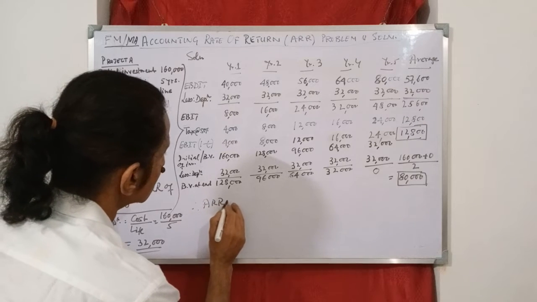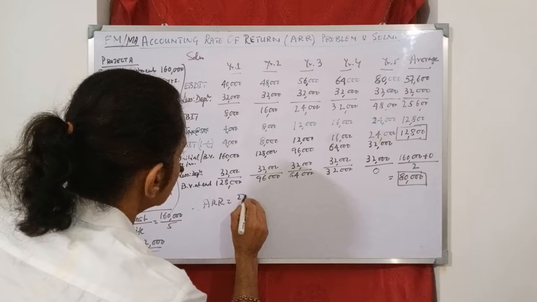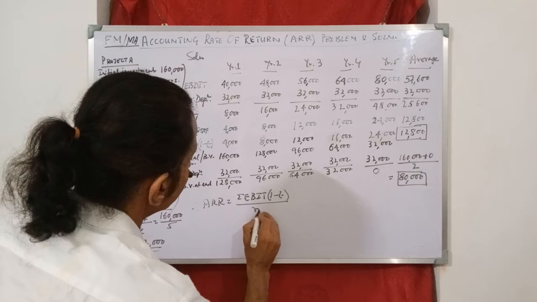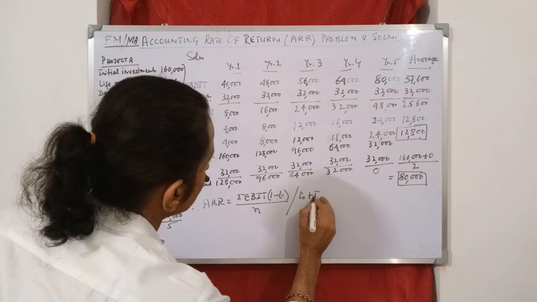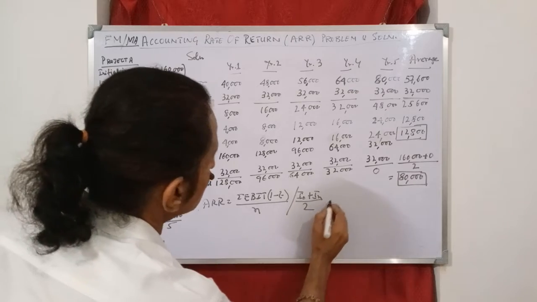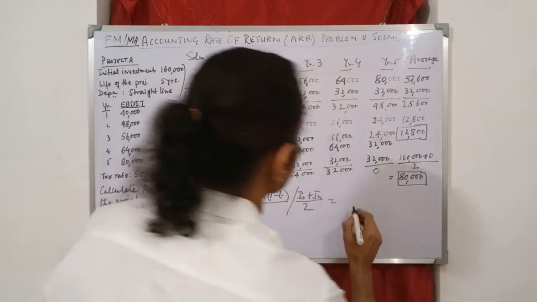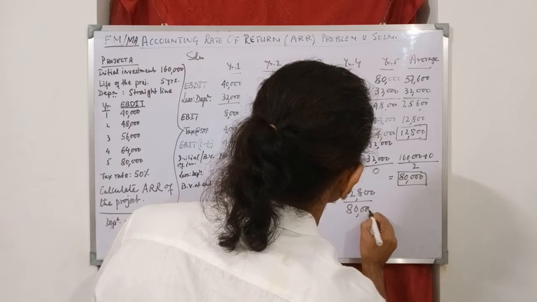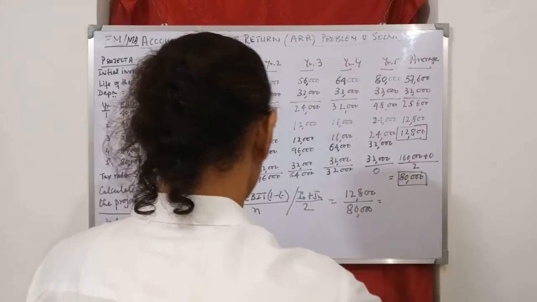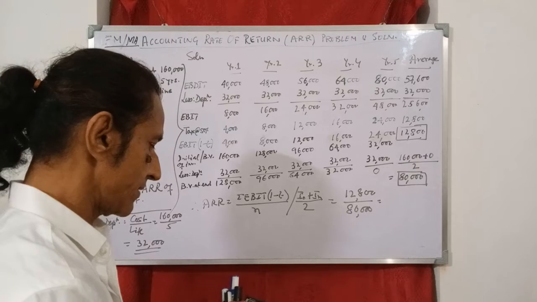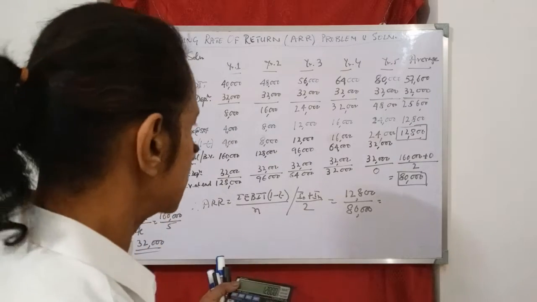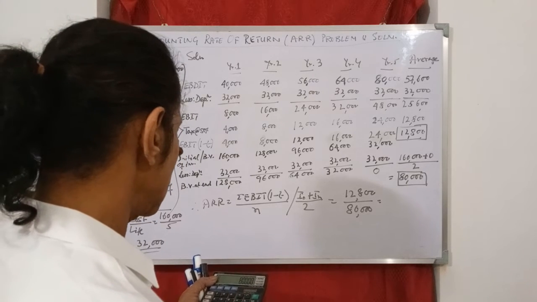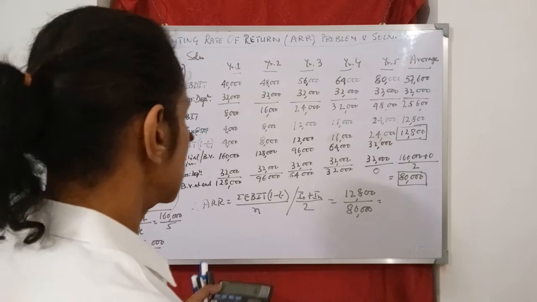So ARR is equal to sigma EBIT into 1 minus T divided by N, whole divided by I0 plus IN divided by 2, equals 12,800 divided by 80,000 equals, let me use calculator, 12,800 divided by 80,000, 16%.